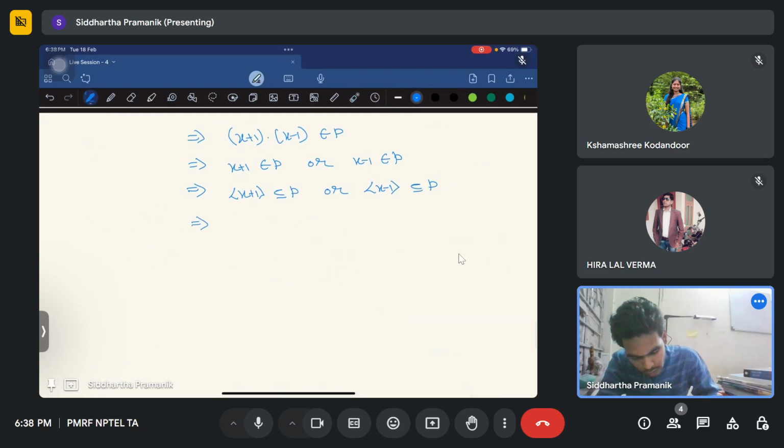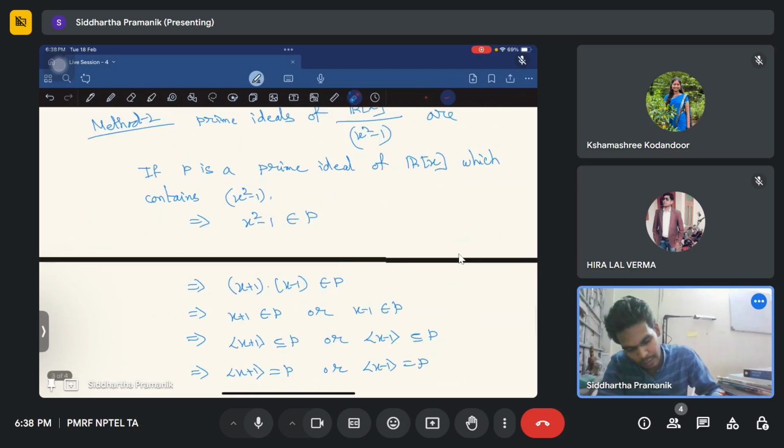So either (x + 1) equals P or (x - 1) equals P, because P is a proper ideal and this is a maximal ideal. By definition of maximal ideal, this ideal has to be equal to P.